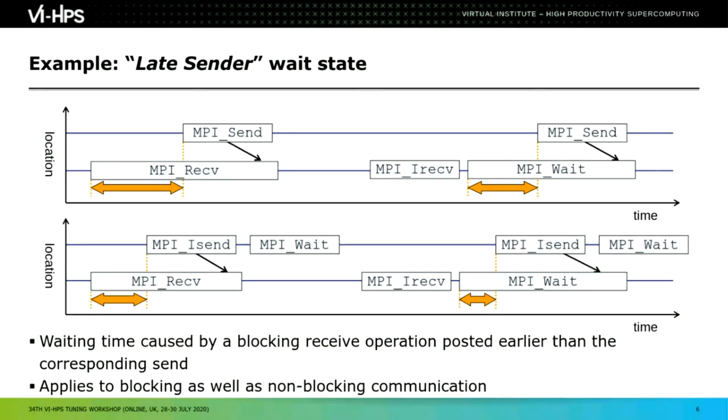The process can then do some other work in the interim, but as soon as the process reaches the MPI wait operation for that request, it will have to block in the same way until the corresponding send is initiated. Again, if the send was initiated before the MPI wait, there'll be no waiting time, but if it's initiated afterwards, at least the time up until the send is initiated can be considered waiting time, and that's what we would report as such in the Scalasca tool.